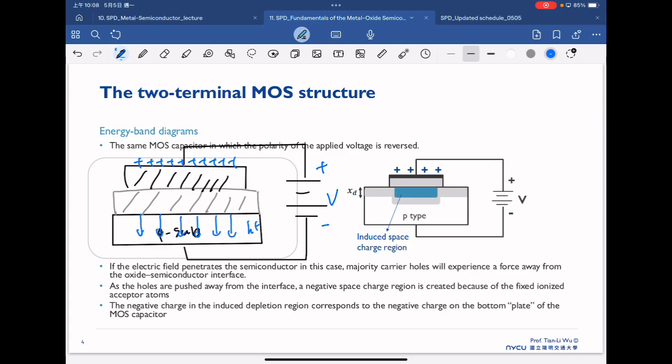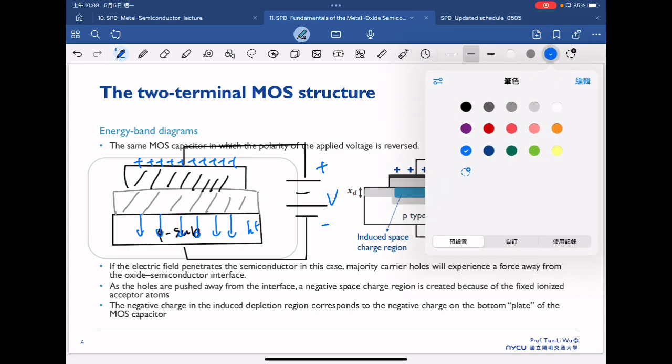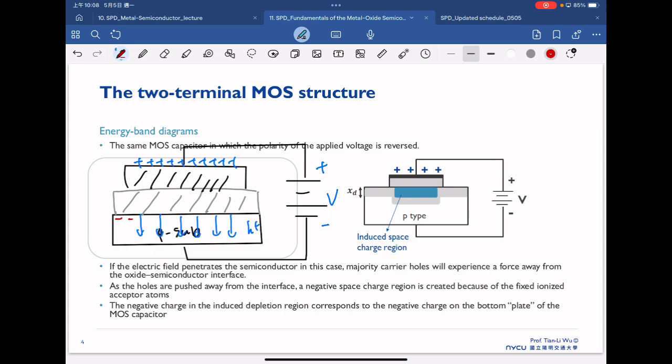So the holes will be moving away from our interface, and then the negative electrons can appear at the interface. This can be understood in two ways.